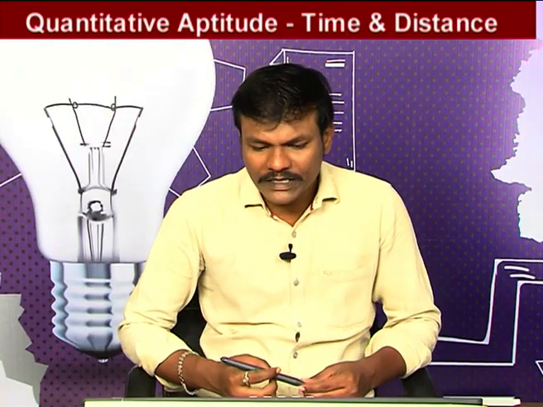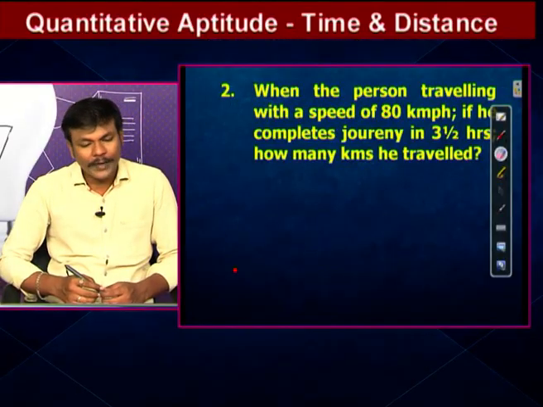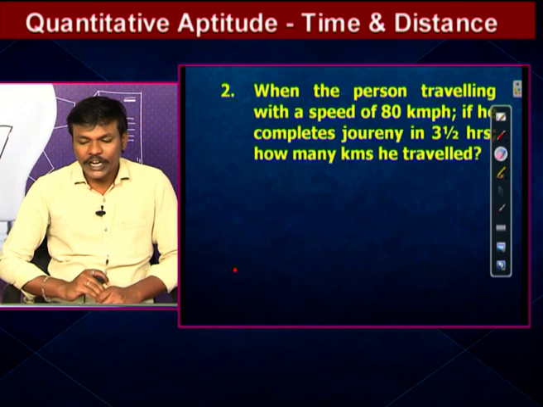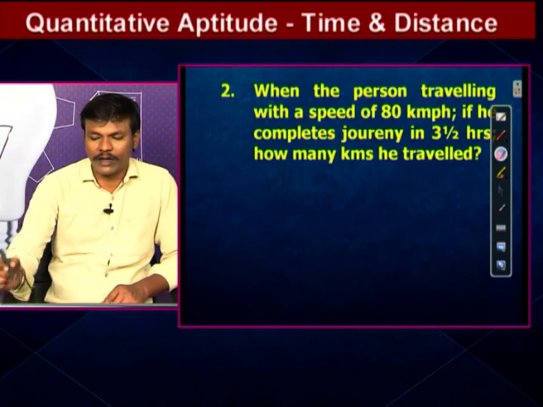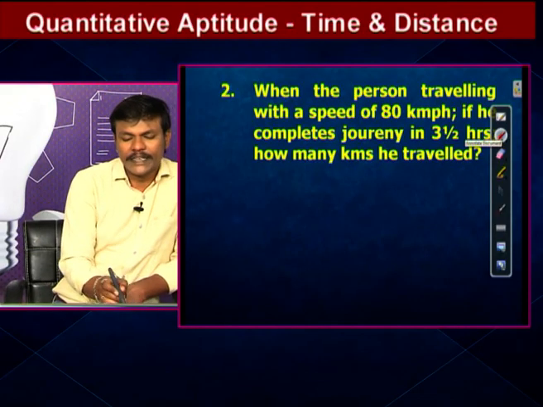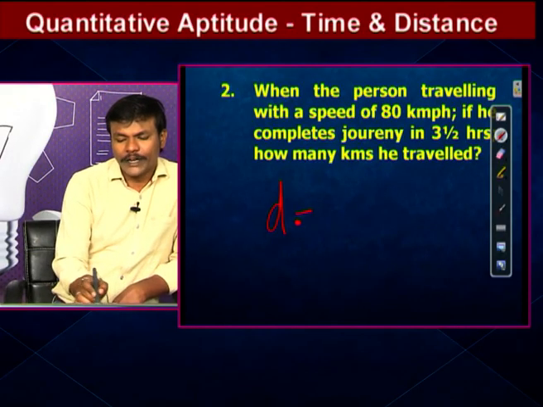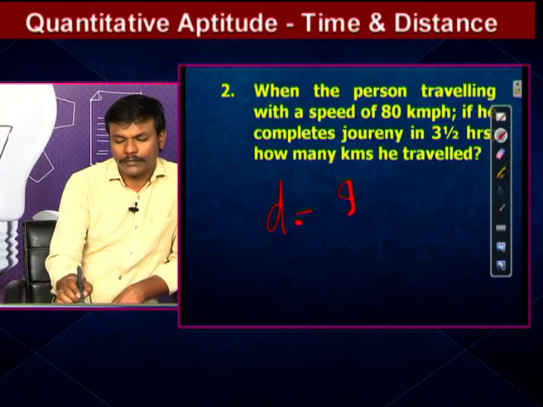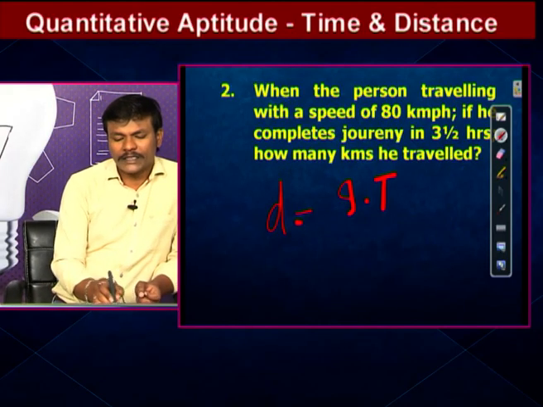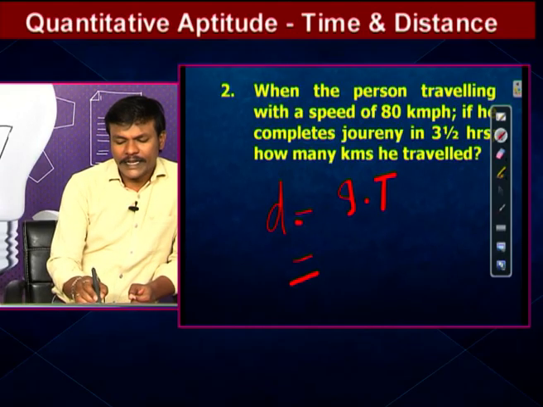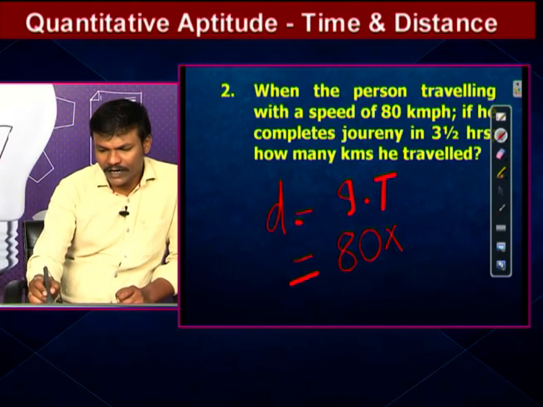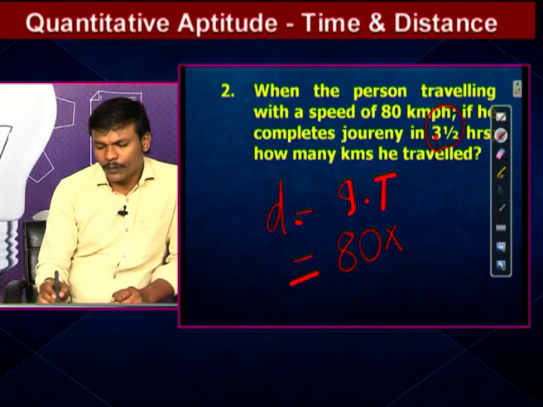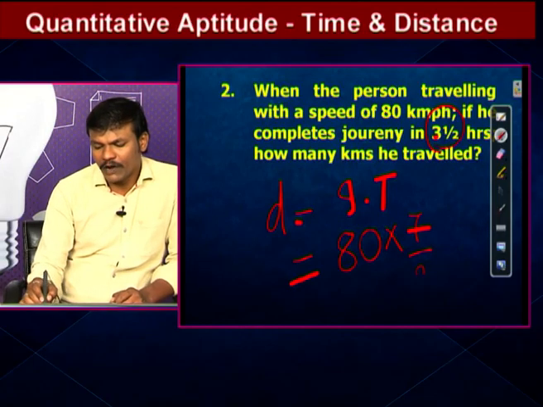Next question: a person travelling with a speed of 80 kilometer per hour completes the journey in 3.5 hours. How many kilometers did he travel? D is equal to speed into time. The speed is 80 kilometers and the time is 3.5 hours. 3.5 is nothing but 7 by 2 hours.